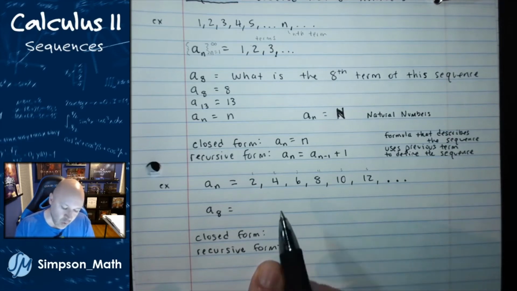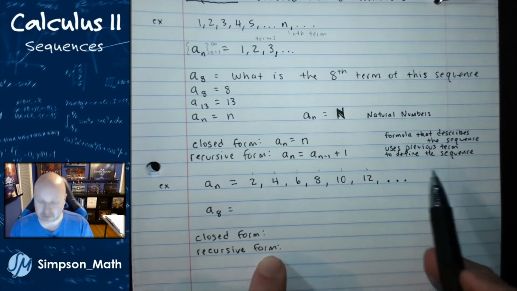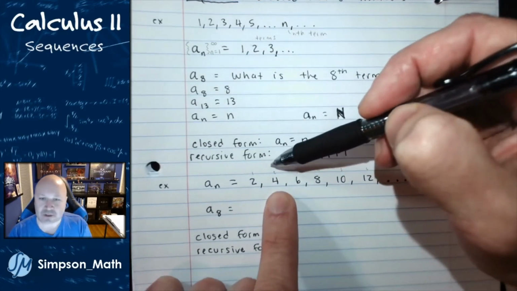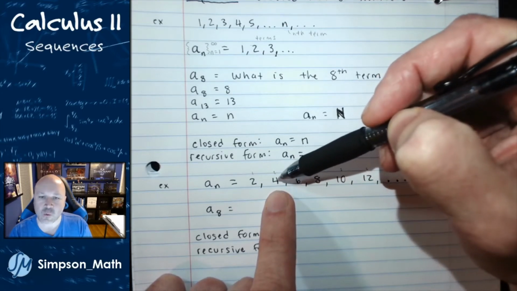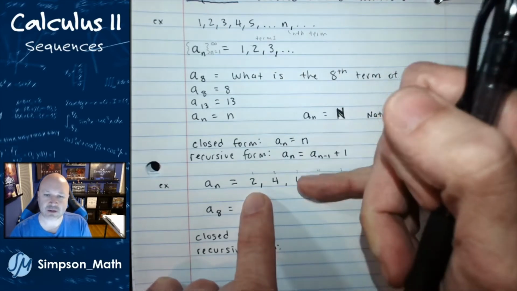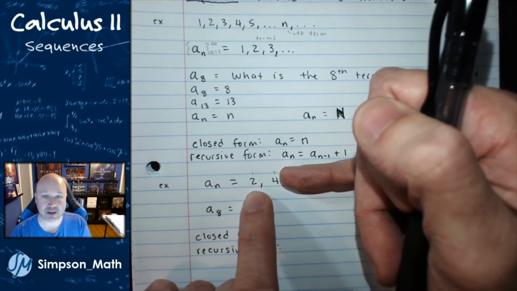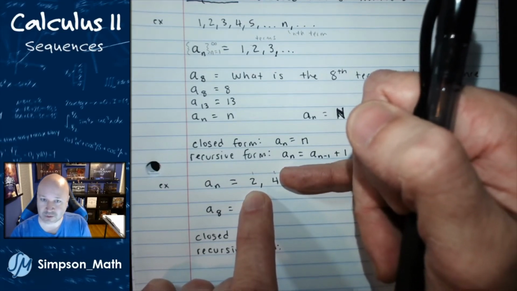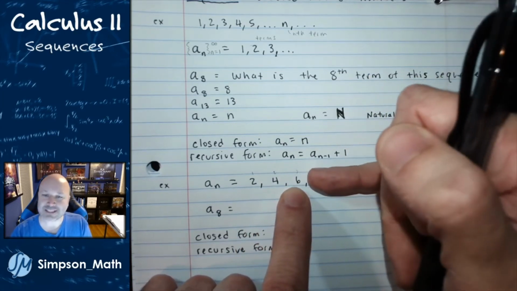So, recursive form. How am I getting the next number? So the second term in this sequence, 4, what did I do to the 2 in order to get to the 4? Well, maybe I squared it. Maybe I multiplied it by 2. Maybe I added 2. There's 3 different possibilities there. Let's add the 6 in there.